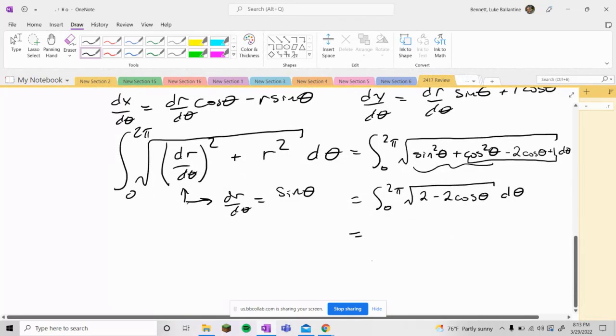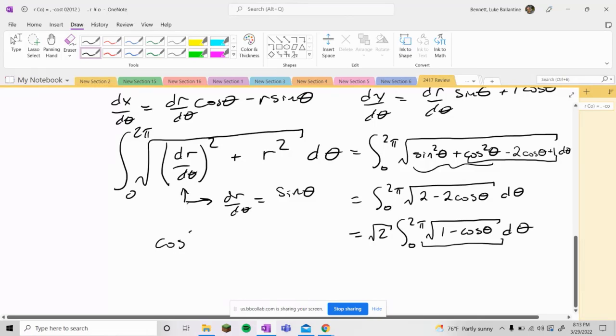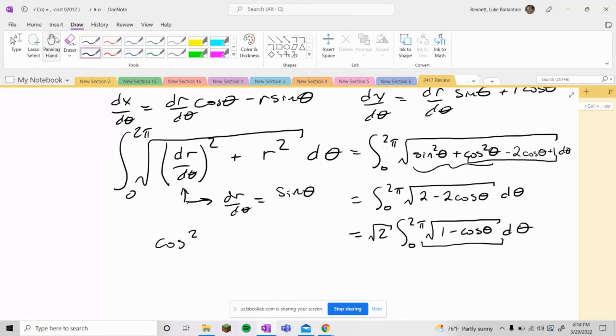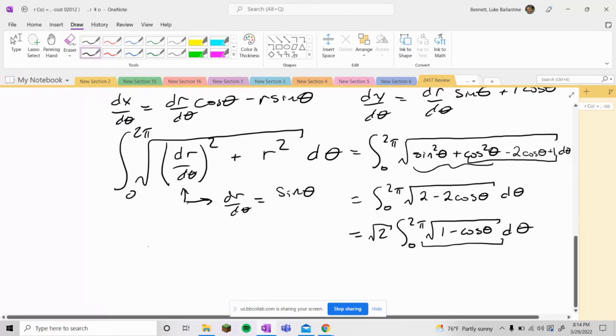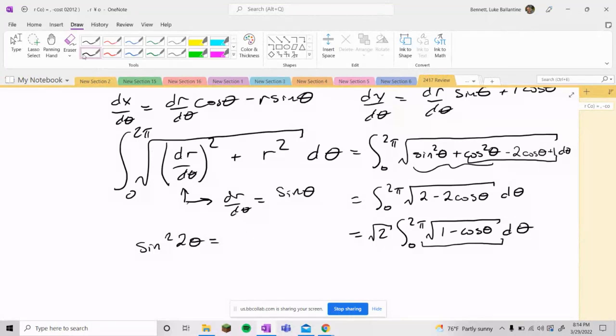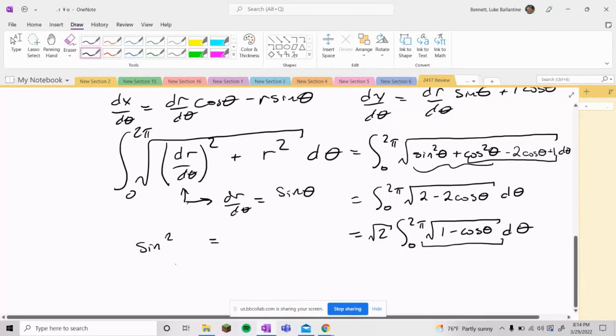And we can factor out the 2. So we have square root 2, integral from 0 to 2 pi, square root of 1 minus cosine theta d theta. Now, to integrate this, I'm going to use sine squared theta equals 1/2 (1 minus cosine 2 theta).